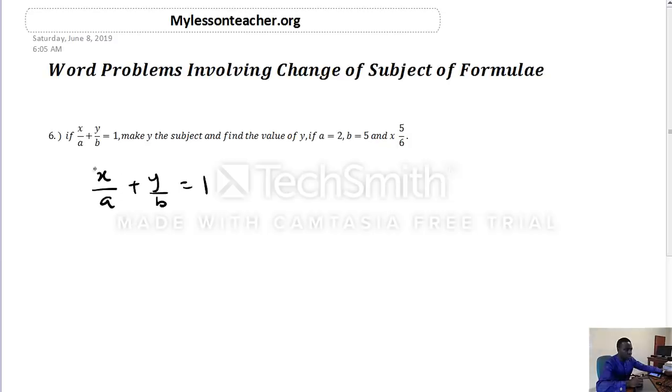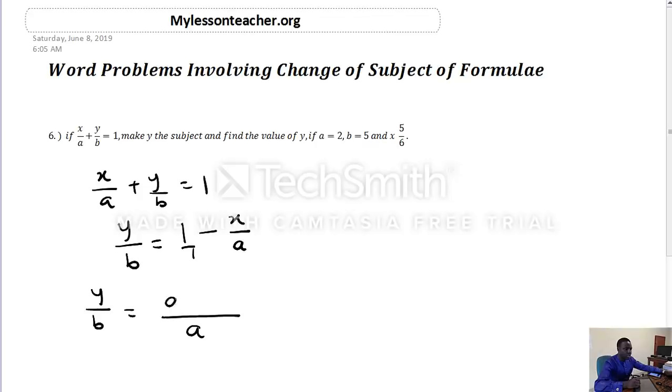We are going to subtract x divided by a from both sides, and when you do that, you have y over b is equal to 1 minus x over a, and this will be y over b is equal to, the LCM of a and 1 is a, and this becomes a minus x.